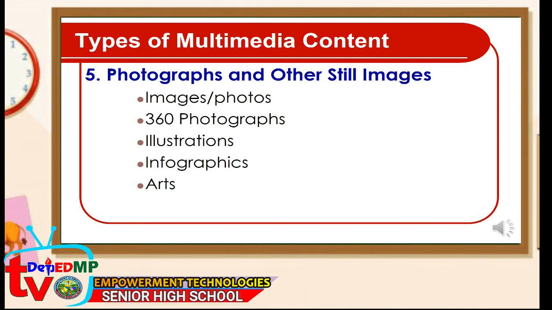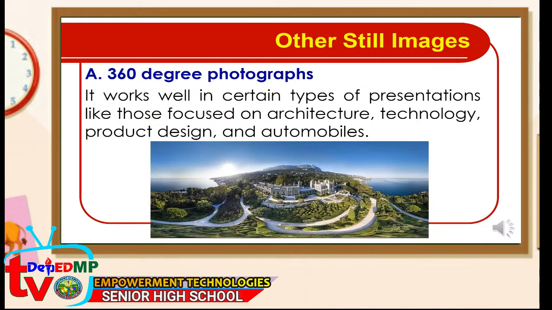Another type of multimedia content is photographs, which are captured by our cameras, and other still images, which includes illustrations, infographics, and arts. 360-degree photographs is a relatively new form of technology that can work well in certain types of presentation, like those focused on architecture, technology, product design, and automobiles.